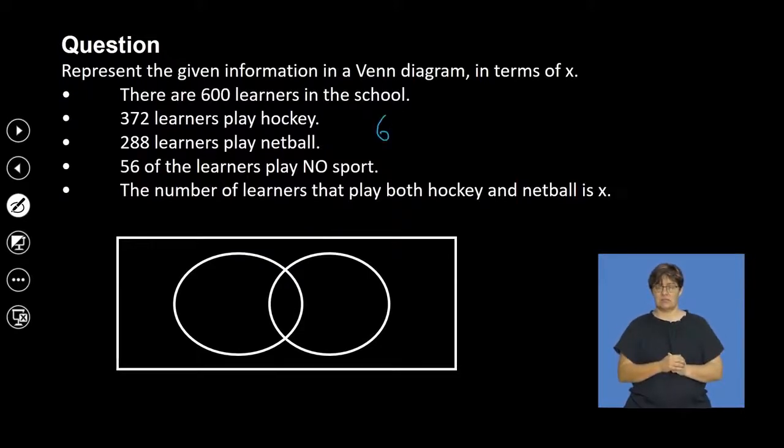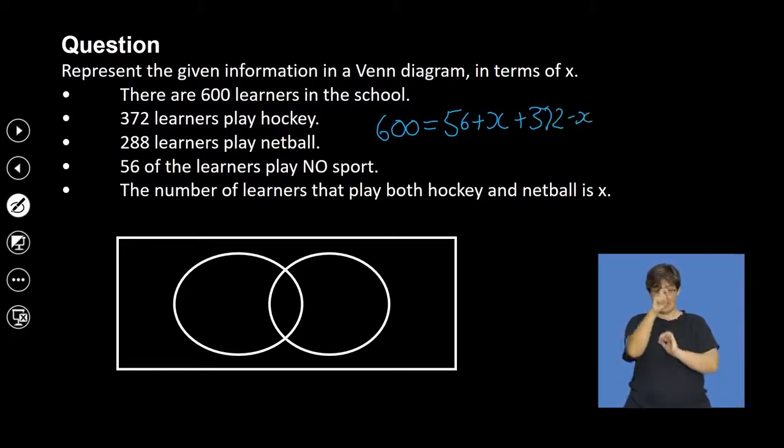We're going to say that we've got 600, and we know that 600 is equal to the 56 that don't play any sport, plus the x that plays both sports, plus the 372 minus x, plus the 288 minus x.